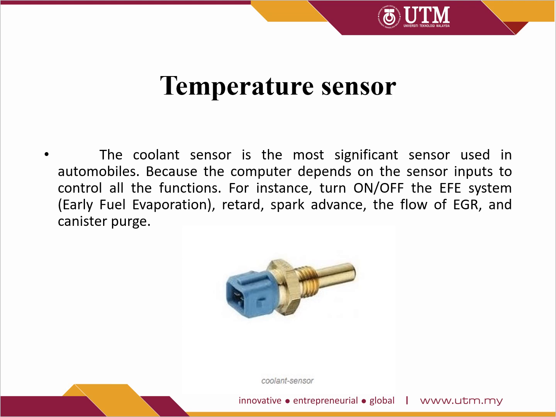First, we have the temperature sensor. This is the most significant sensor used in automobiles, because without this sensor the driver will not know if the temperature goes high, and it will spoil the devices and the engine.